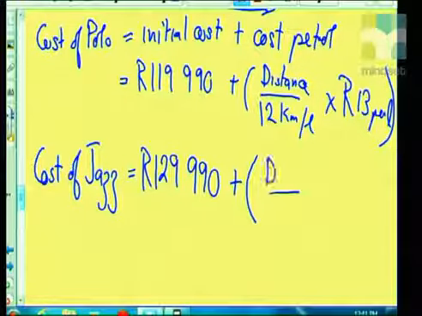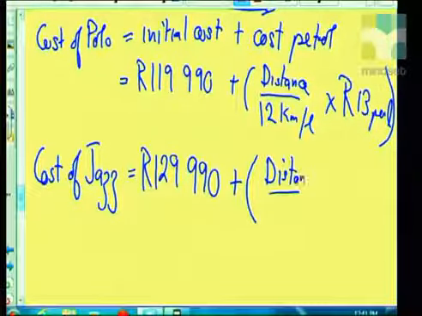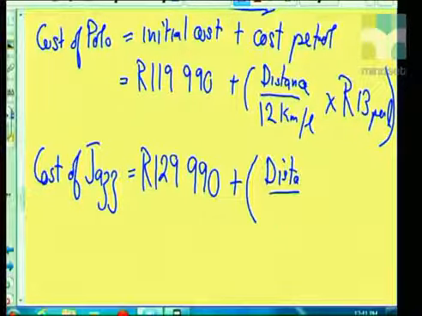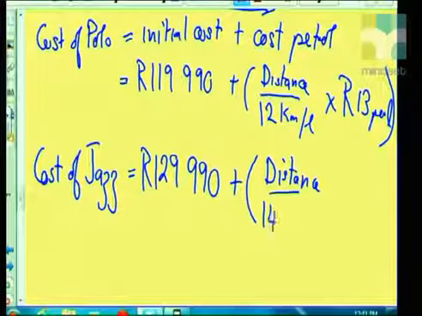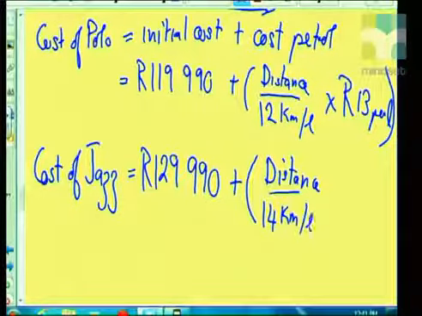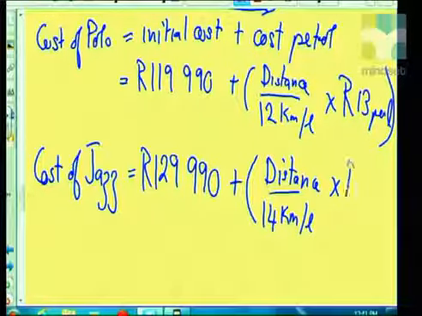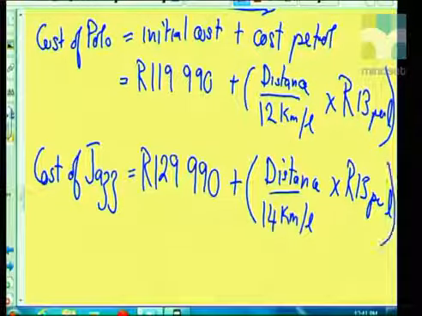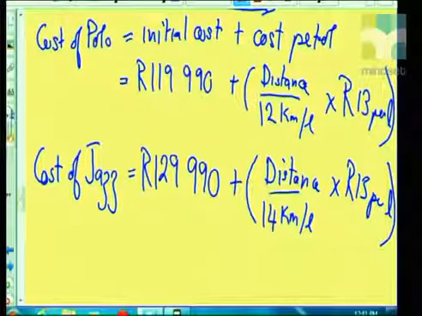It was the same distance that they had to travel, but now it's divided by not 12, but divided by 14 kilometers per litre. And then I must times that by the price of fuel, which we've said is 13 rand per litre. Now, if you work through that calculation very carefully, you'll recognize that at this point those two costs are exactly the same. The total cost for the Jazz and the total cost for the Polo are the same.